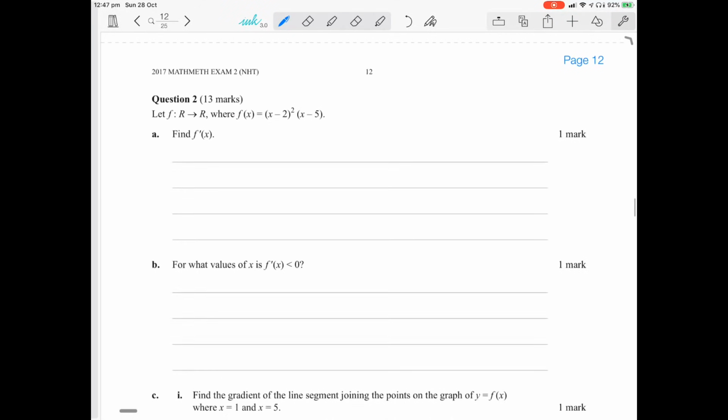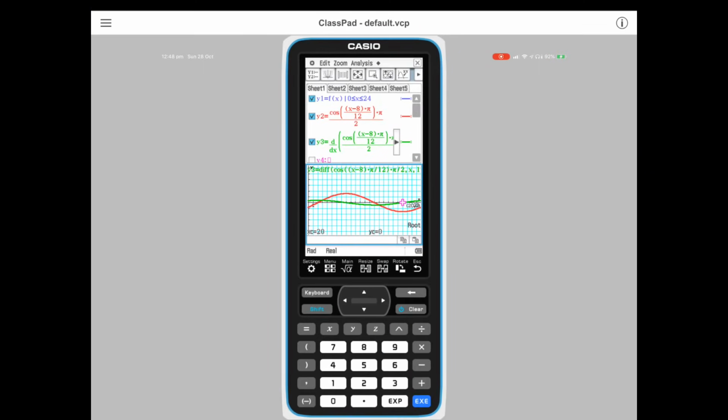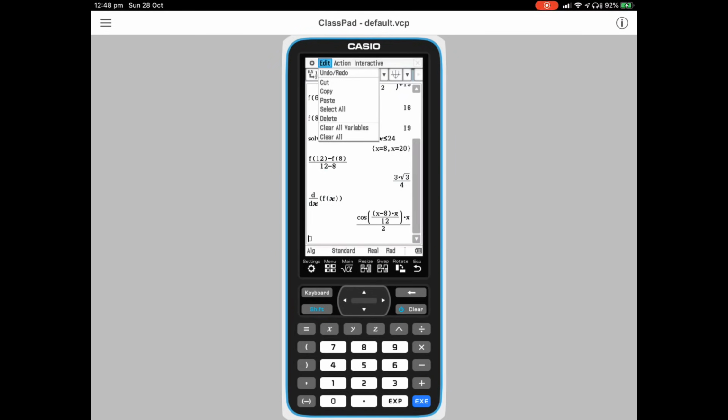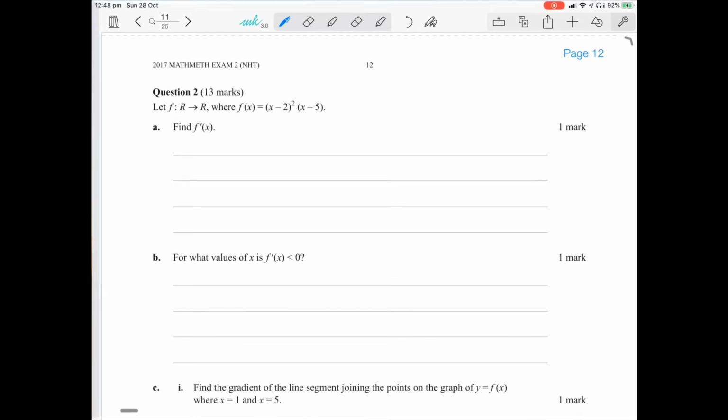New question. X minus 2 squared, x minus 5. So let's scrap all this. X minus 2 squared. Was it x plus 5?